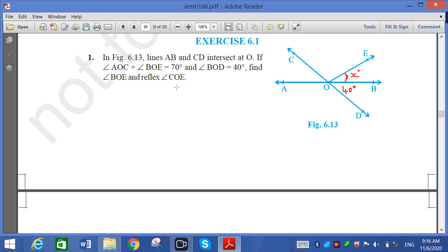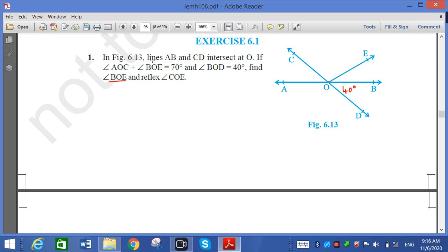And also the reflex of COE. So first of all we have to find out BOE. First you will see the vertical opposite angle. So what do I have to write?